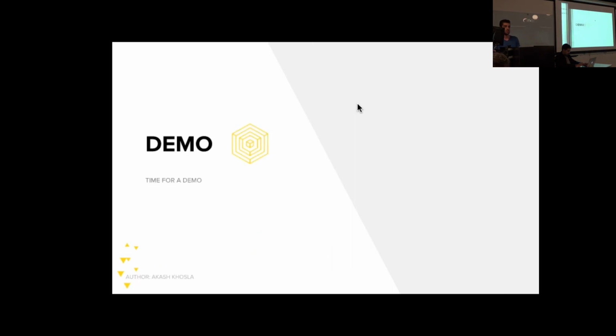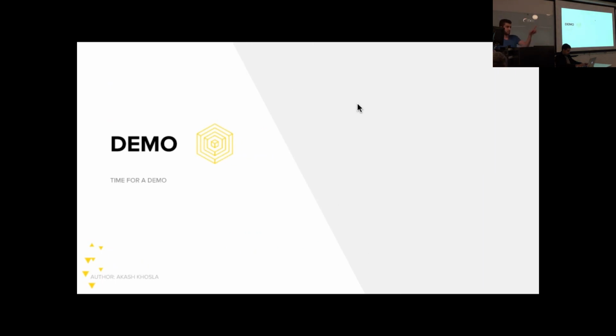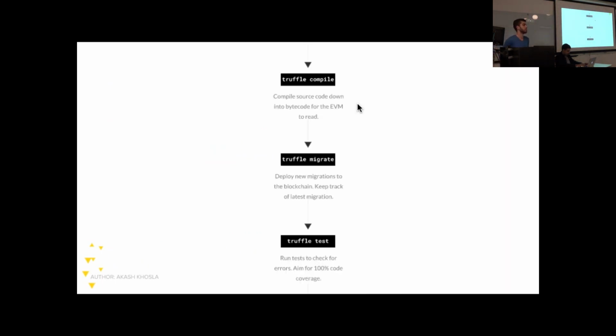Okay, any questions on that? Yeah, so as mentioned earlier, in Solidity, it just makes it easier to write in native Solidity because you're used to it. There's not much in terms of syntax. But with JavaScript, it allows you more flexibility.